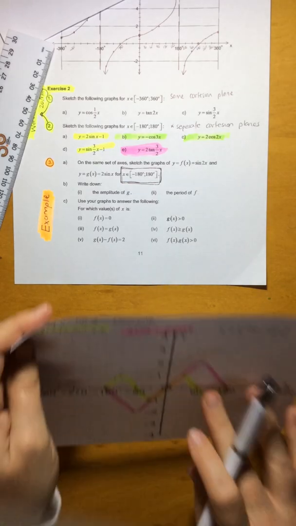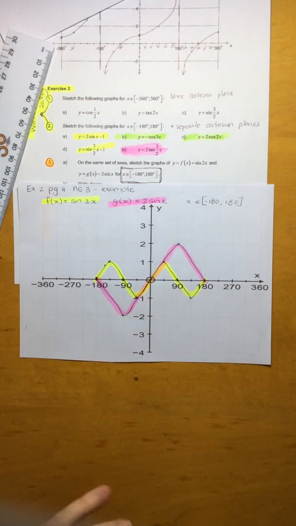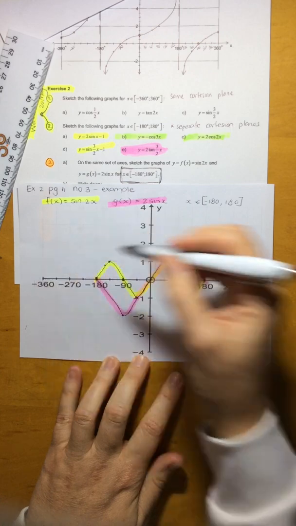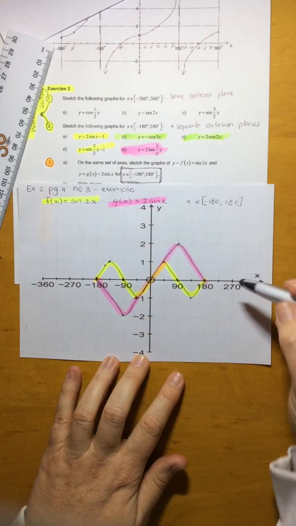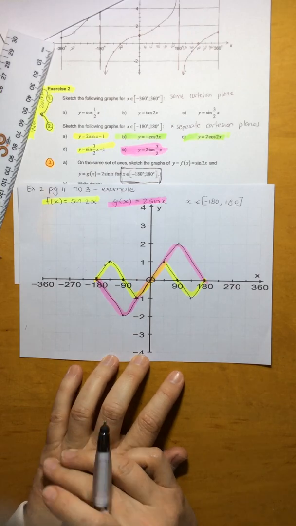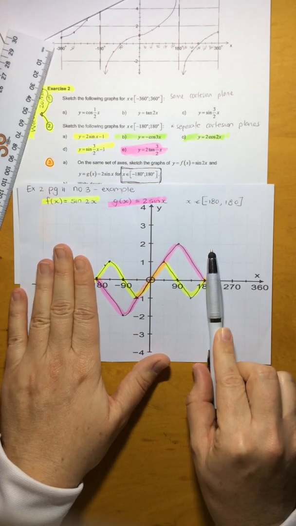Right. So I assume that you have drawn your two graphs. Please compare it with mine. Please note there is nothing on the left of minus 180. There is nothing on the right of plus 180 because they restricted me to work in between those two values.